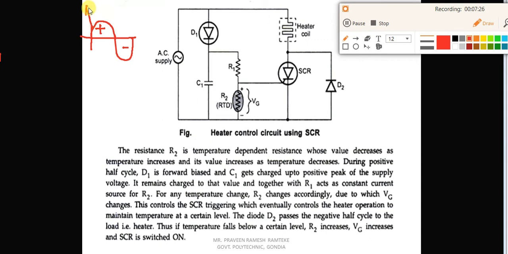This is our input AC supply. So during the positive half cycle, the diode D1 is forward biased. Because of this forward bias, the capacitor starts charging.